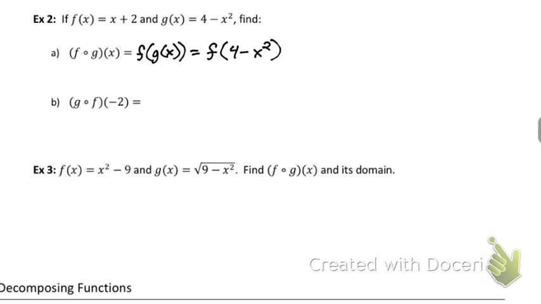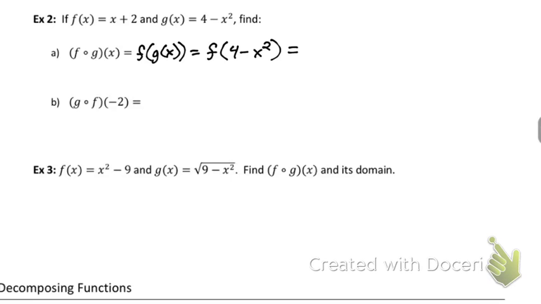So I start on the inside. I change my g's input to x. It was already x, so I really didn't change anything. But I'm saying x is okay, so we change it to just 4 minus x squared. Now, our x's input is now 4 minus x squared. So anytime I see an x, I'm going to replace it with 4 minus x squared.